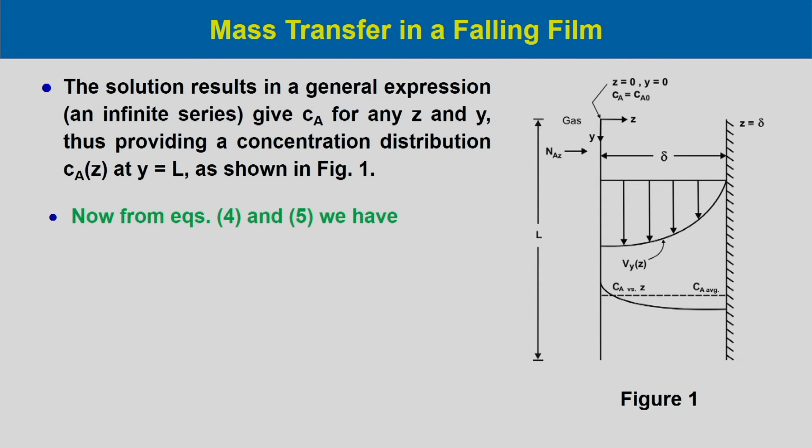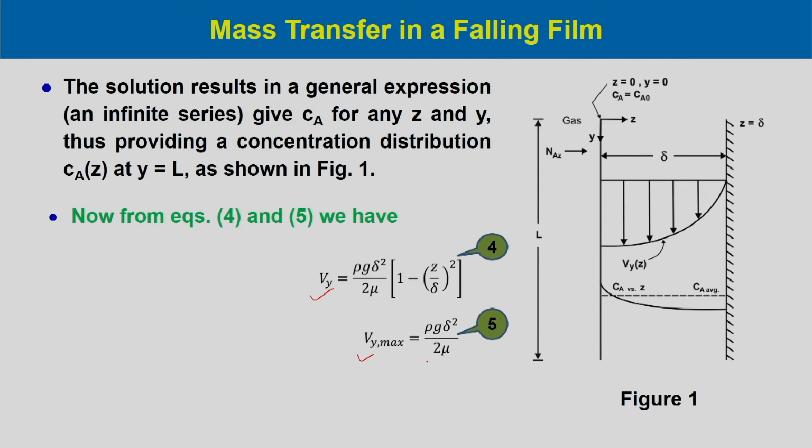Now, from equation 4 and equation 5 we have, V y is rho g delta square by twice mu into 1 minus z by delta whole square. This we have already derived, and V y max is rho g delta square by twice mu.